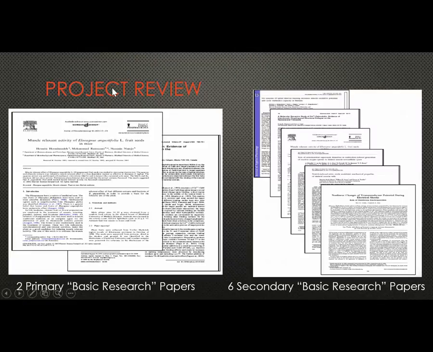So, in review, we want you to think about taking the information that you put together to create an outline for your research paper. Now, for your research paper, you're going to need 2 primary papers and at least 6 secondary research papers. Now, I know that many of you will find some information that is just found, say, on a website for the American Diabetes Association, if your paper's on diabetes.